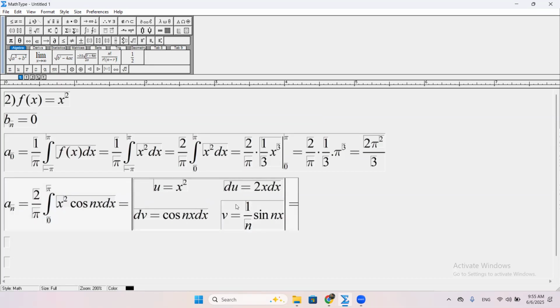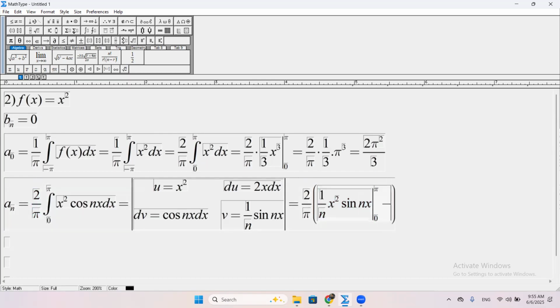Well, let's calculate. First of all, the product of u and v with the substitutions from 0 to p. But don't lose this multiplier, 2 over p.